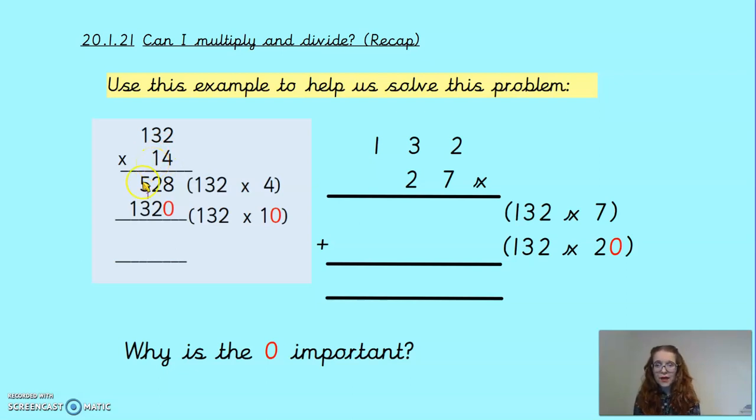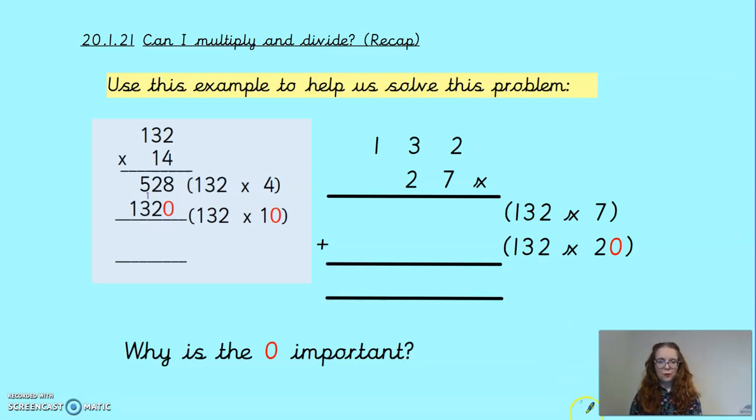But before we do that, we must remember to put our placeholder 0 in. That is the most important thing. Put in our placeholder 0 here. Then we've done 1 times 2, which is 2. 1 times 3, which is 3. 1 times 1, which is 1. Nice and simple. But if we hadn't remembered to put that placeholder 0, then we would have got ourselves muddled up.